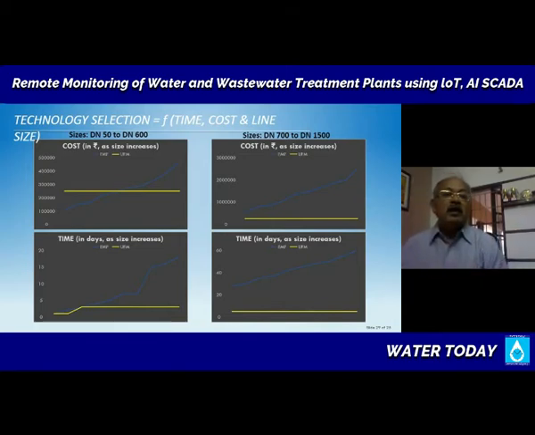So if you go from 300 mm up to 1 meter dia pipe, the ultrasonic flow meter becomes much more economical for measuring. And then the time involved also shows a very significant increase with size. Ultrasonic flow meters can be deployed very quickly in any pipeline with minimum labor and time involvement. Whereas electromagnetic flow meters, because you have to shut down, isolate, cut the pipe, etc., are a lot more time consuming.